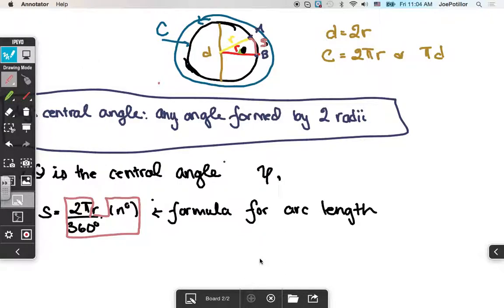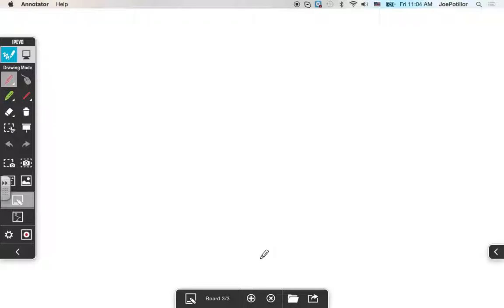New page. So taking a look at just the piece here. Okay. 2 divided by 360 is of course 1 over 180.